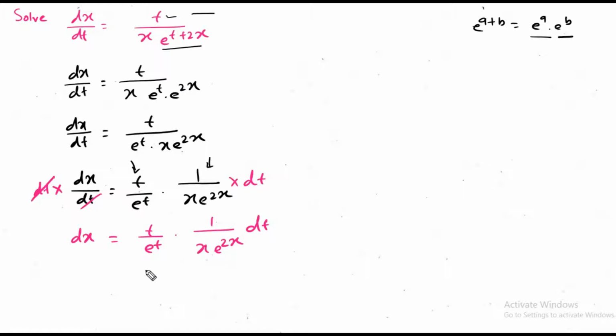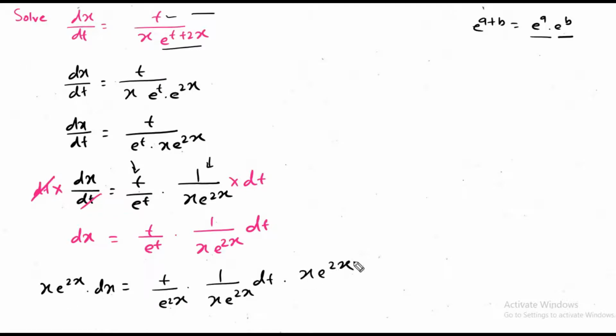Now if we multiply by x into e to the power 2x on both sides, x into e to the power 2x into dx equal to t upon e to the power t into 1 by x into e to the power 2x into dt, and x e to the power 2x cancels out.